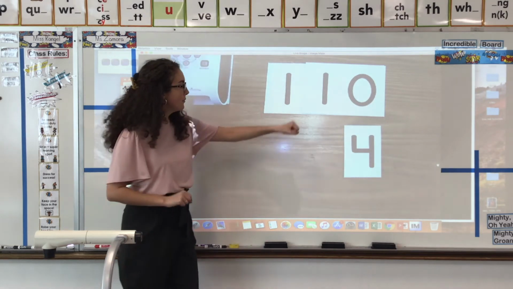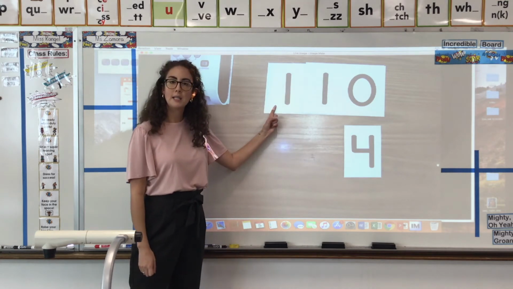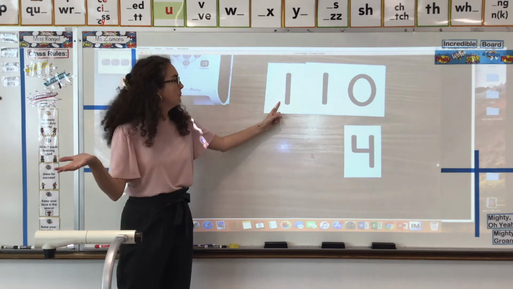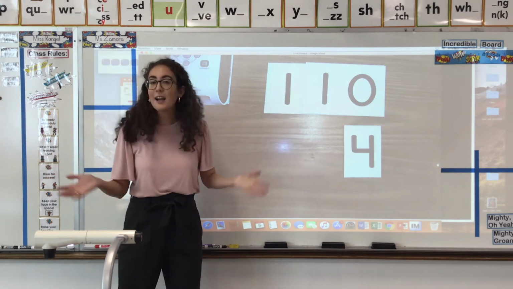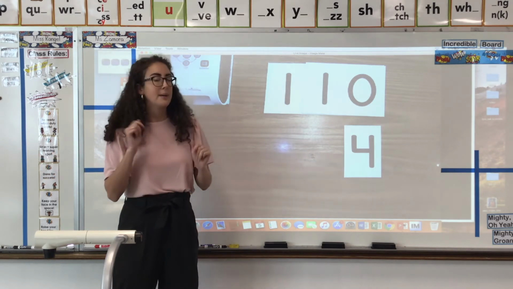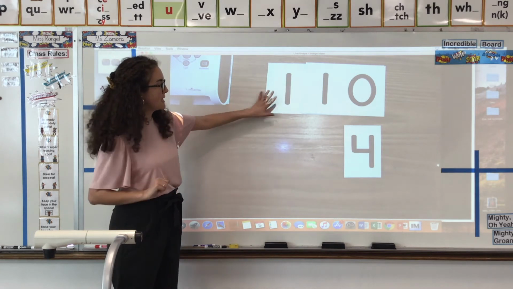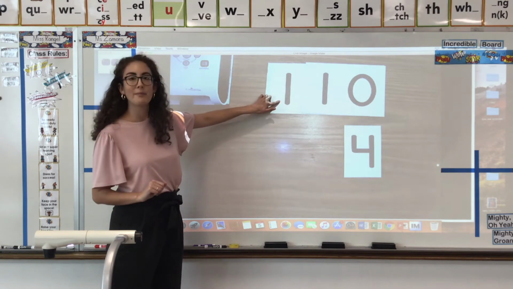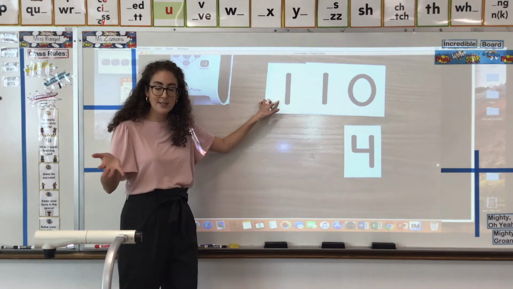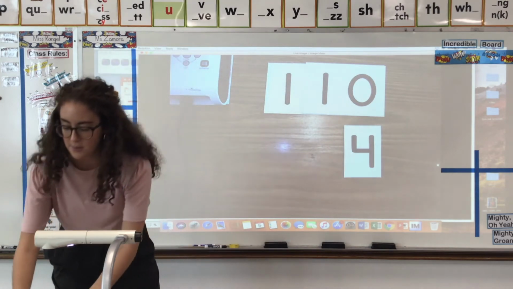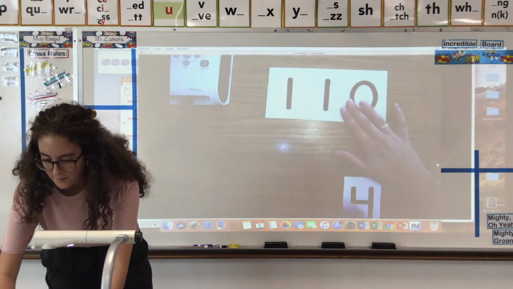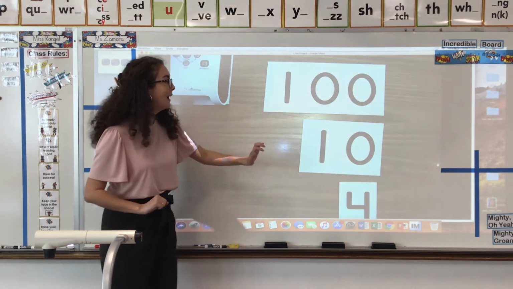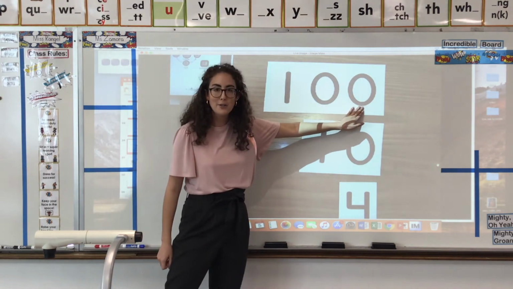Awesome. Okay, but we have another 1. Is it going to be worth the same? No, it's not going to have the same value because it's in a different place. So let's see. The digit 1 is in what place? The hundreds place. So its value is going to be 100.